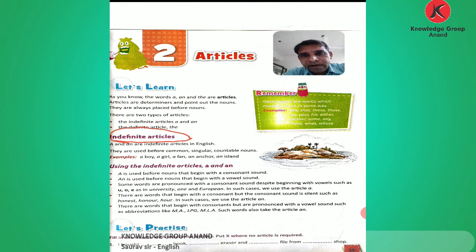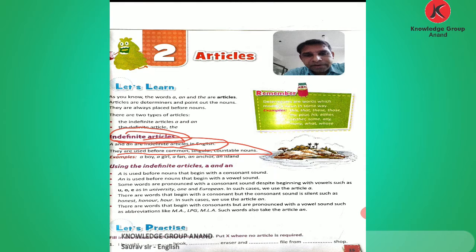Okay. So, let us see what is given here. A and an are indefinite articles in English. They are used before common singular countable nouns. We use indefinite articles with a common, singular noun, showing one person or thing that we can count.